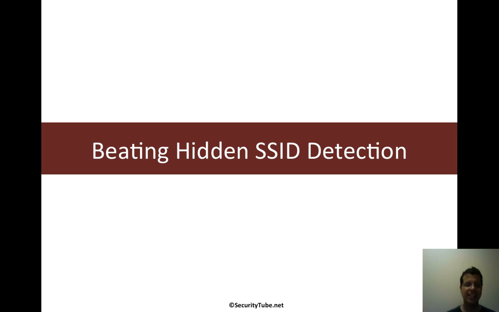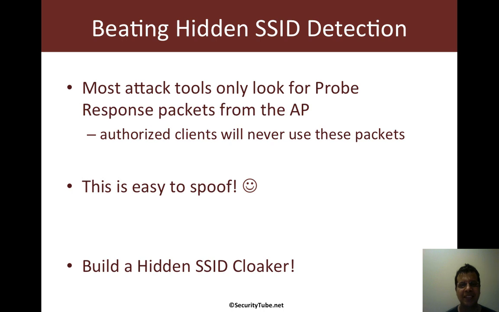Now, the question arises, is it possible to use scapy to actually make hidden SSID detection more difficult or even beat it? So in this video, we are going to look at creating a hidden SSID cloaker, or something which might actually make hidden SSID detection more difficult.